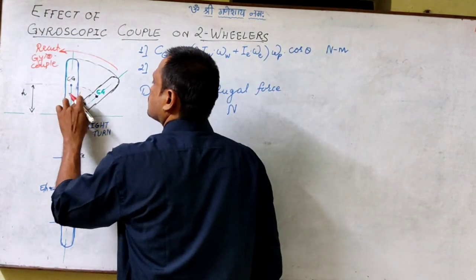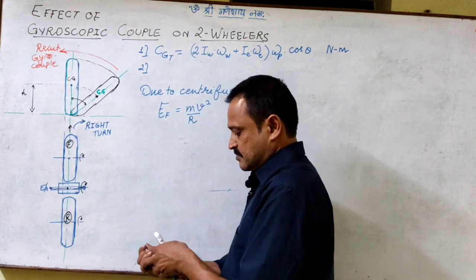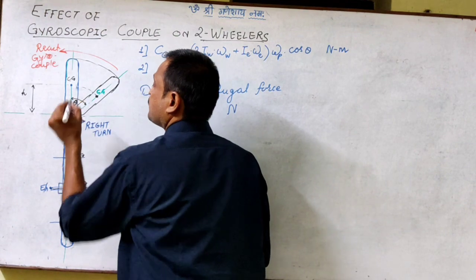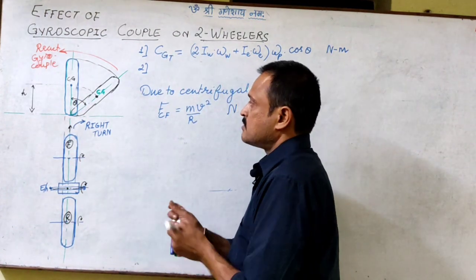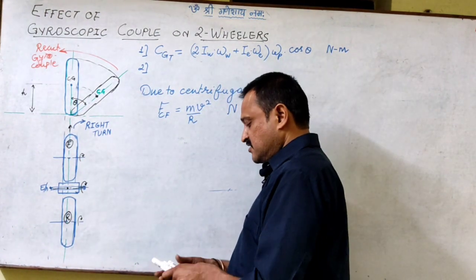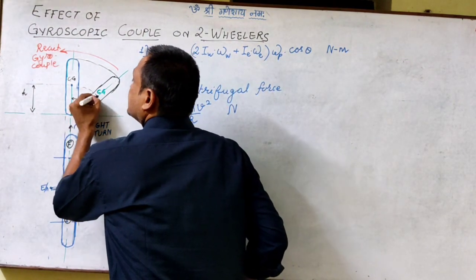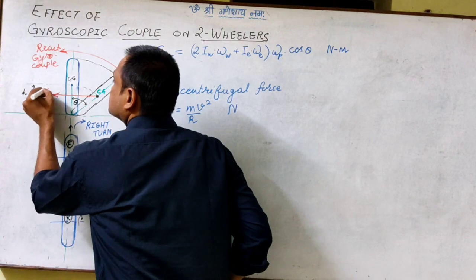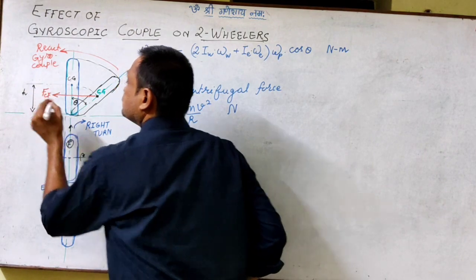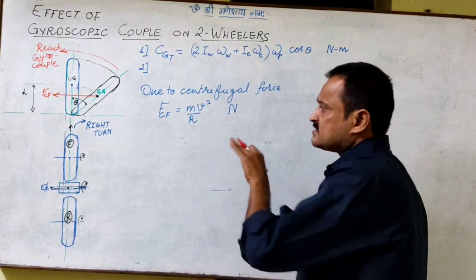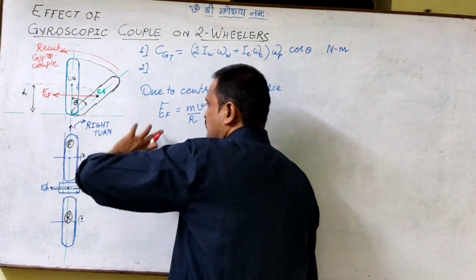So this is theta, right? So this is the centrifugal force which will be acting radially outward.